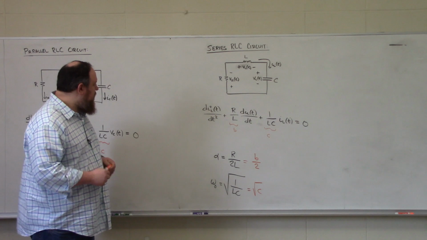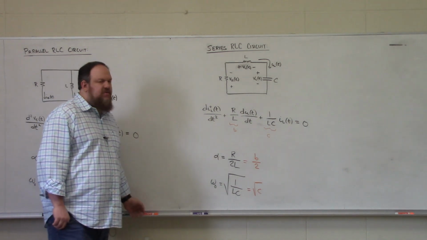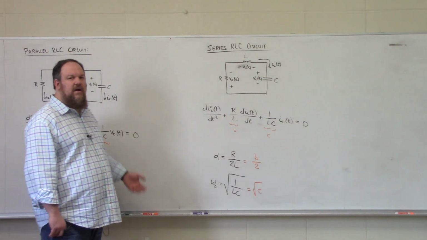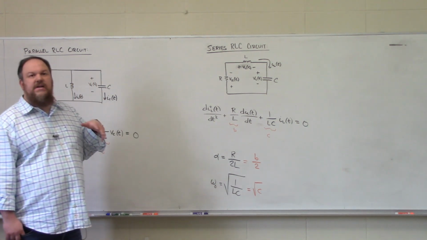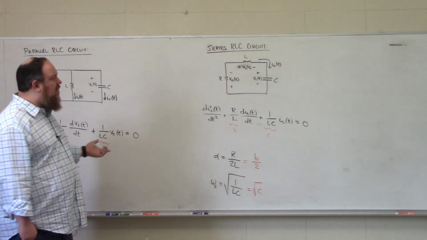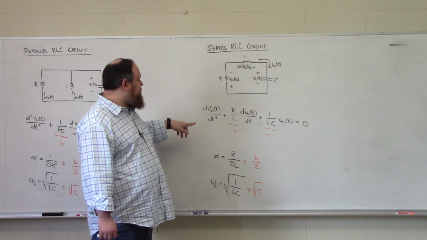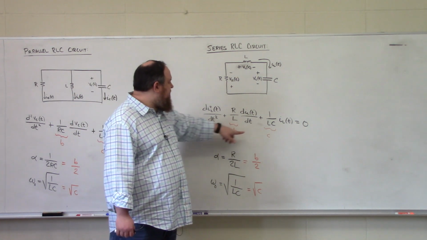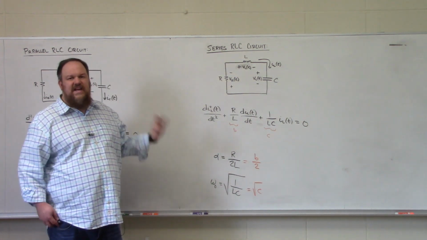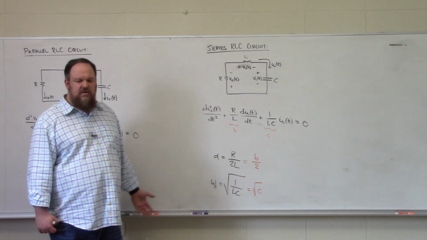So really, all we need to do to be able to apply our table of overdamped, critically damped, and underdamped response equations to any general RLC circuit, whether it's a series RLC circuit, a parallel RLC circuit, or otherwise, is we need to find a second order differential equation and then use the coefficients B and C to give us alpha and omega naught, and then our analysis is exactly the same as if we had just a simple series RLC circuit or a parallel RLC circuit.